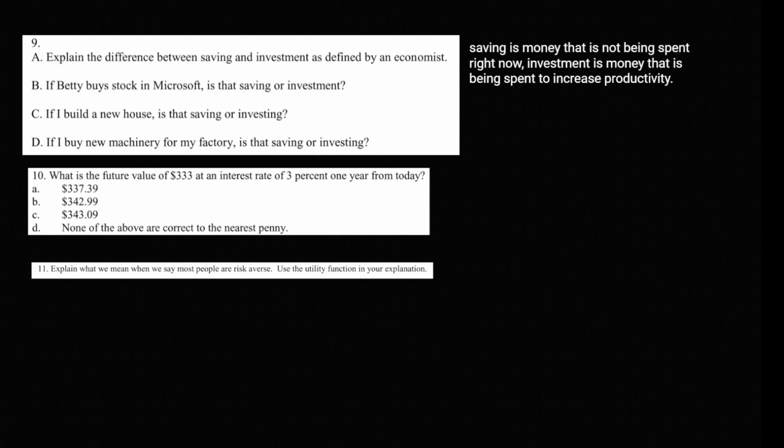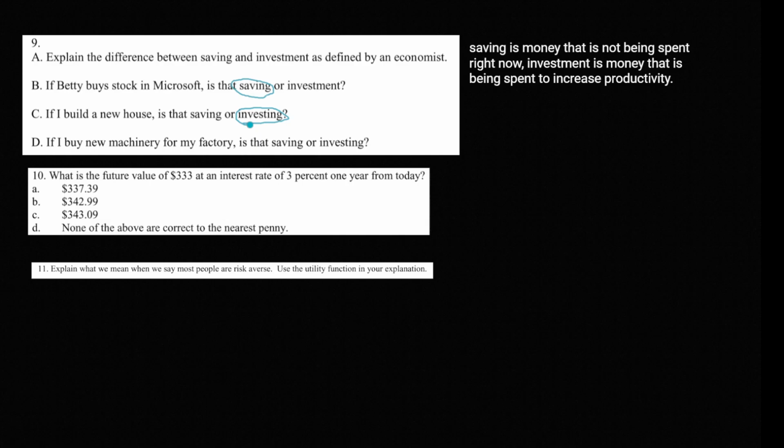So, now that we have that, if Betty buys a stock in Microsoft, she is not spending that money. She is not getting a good or service back. That is saving. If I build a new house, is that saving or investing? That is investing. We have spent money on a new house.